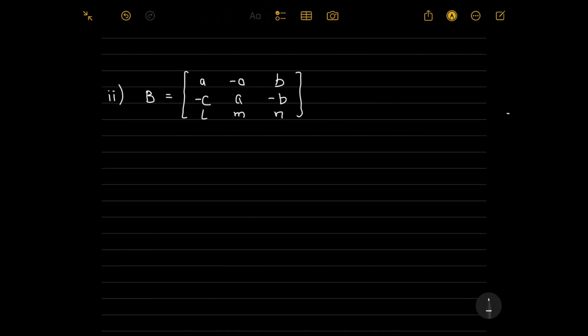Next question is find the additive inverse of part B. So part B, we just need to write a matrix with opposite signs.